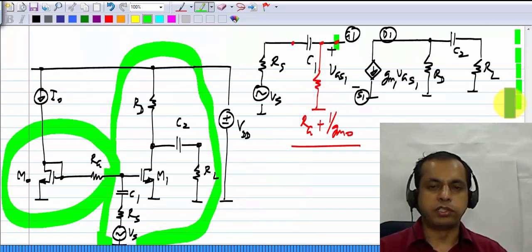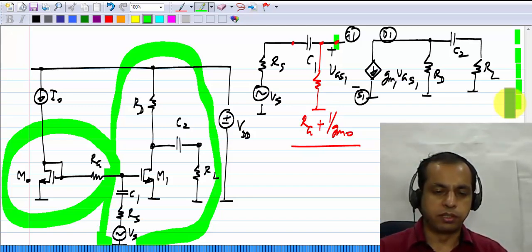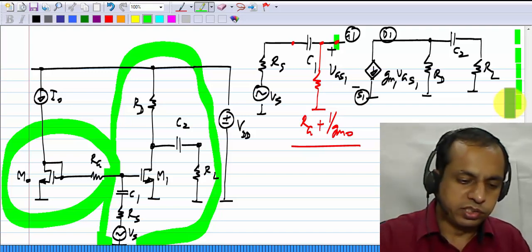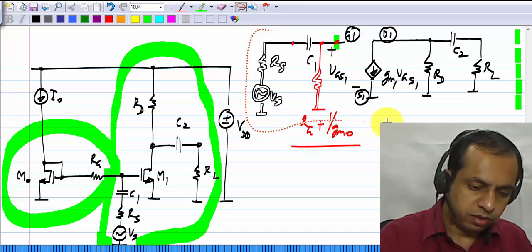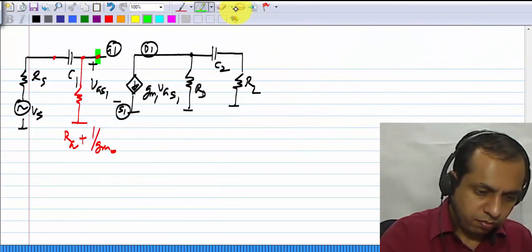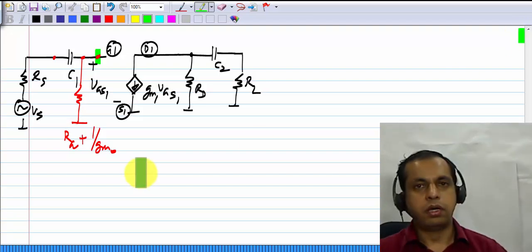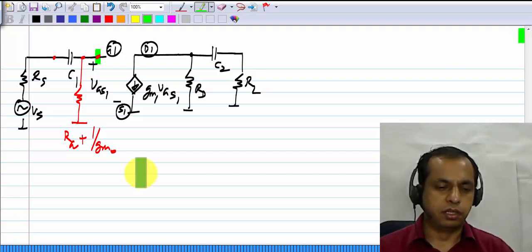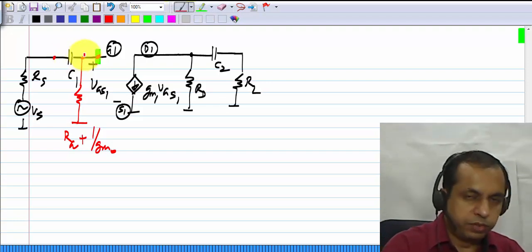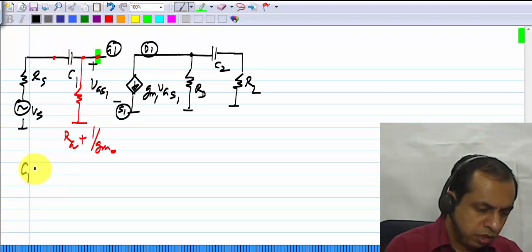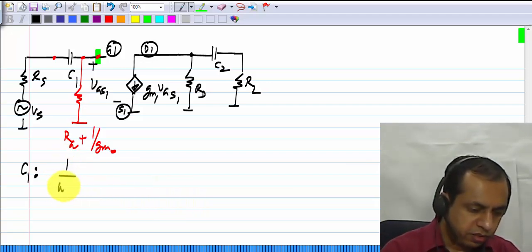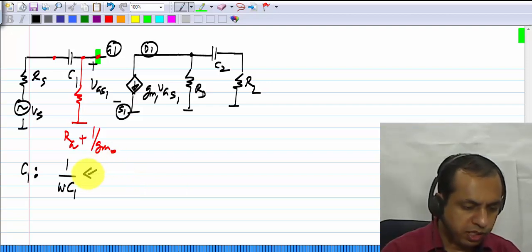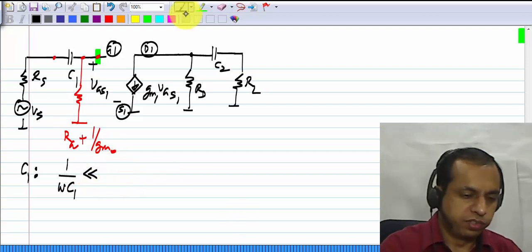Now once we have this equivalent circuit, this picture looks exactly like our old common source amplifier with constant voltage bias. So we can simply use all of the results from that one. I'm not going to rederive the conditions. So for C1 to appear like a short, the constraint is that the reactance of the capacitor C1, 1 over omega C1, must be much smaller than whatever appears across it after the source is nulled.